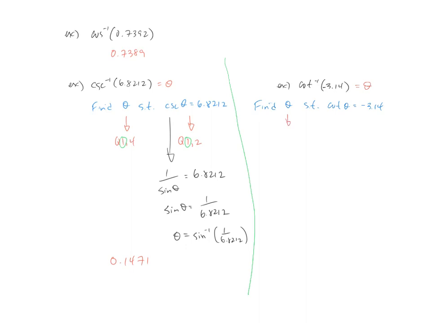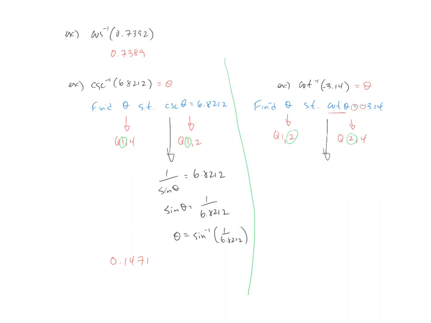The angle theta for inverse cotan is going to be either quadrants 1 or 2. And cotangent is negative in quadrants 2 or 4. All right, so we know that we're looking for an angle in quadrant 2.